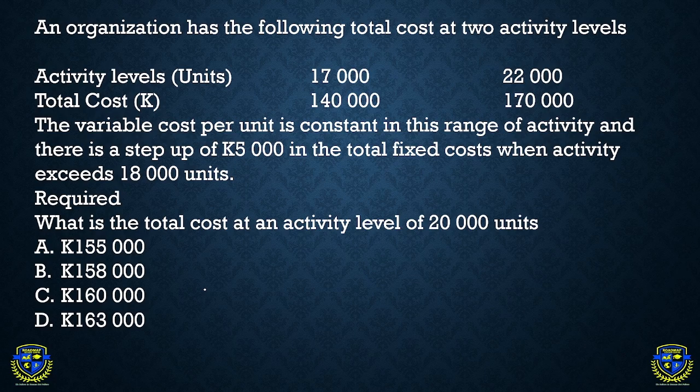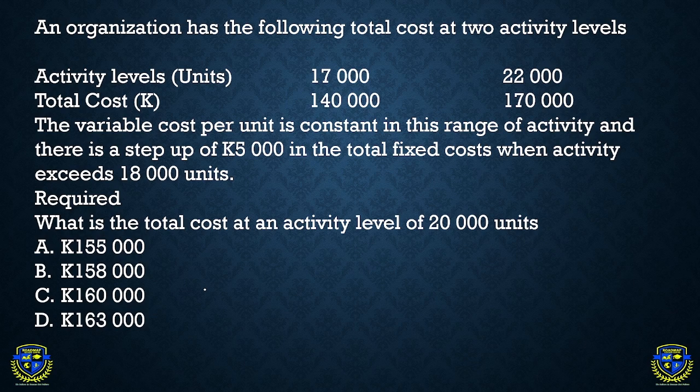The variable cost per unit is constant in this range of activity, and there is a step up of 5,000 in the total fixed costs when activity exceeds 18,000 units required. What is the total cost at an activity level of 20,000?